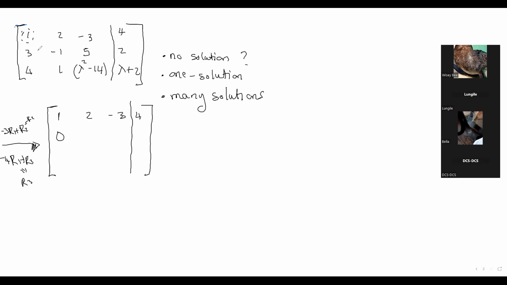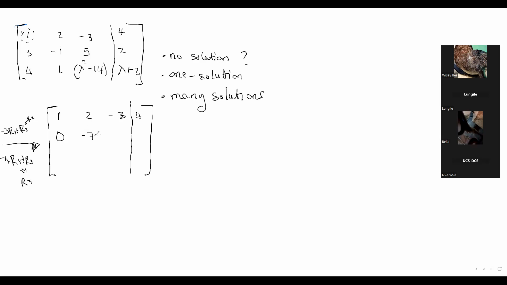The way I do it, you must just focus on how I'm doing it. Then I come back to the previous one, not the original, the previous one. I'm going to say -3 times row 2. -3 times 2 is -6. -6 plus -1 is -7, right?